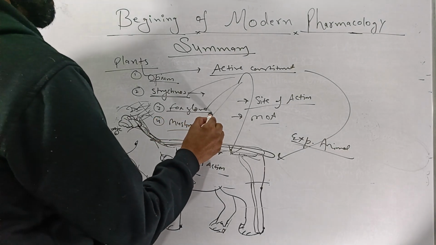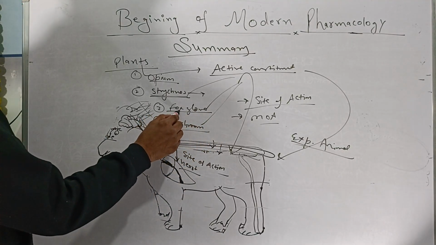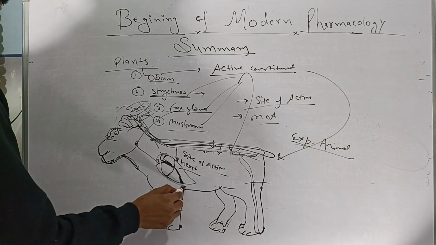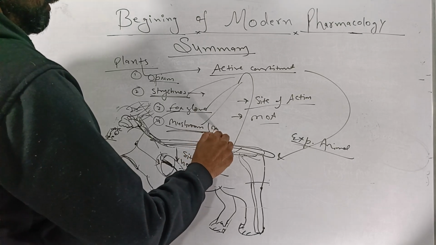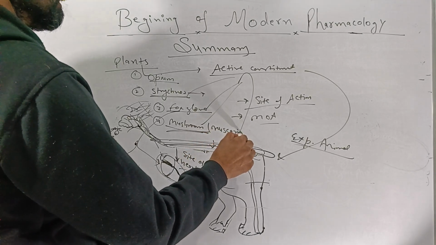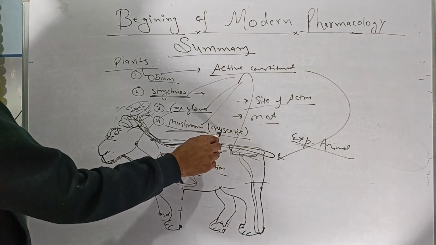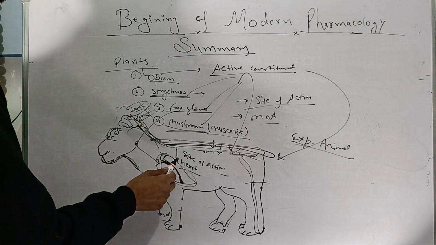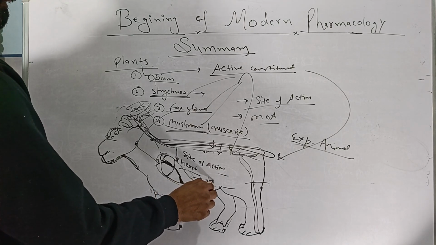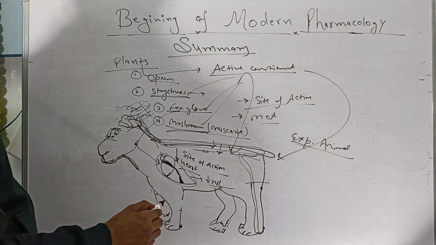Then the foxglove plant: the site of action of digitalis was found to be the heart. Then the mushroom: the active principle obtained was muscarine. And they found muscarine acts similarly to the parasympathetic system or vagus nerve, means it decreases the heart rate.